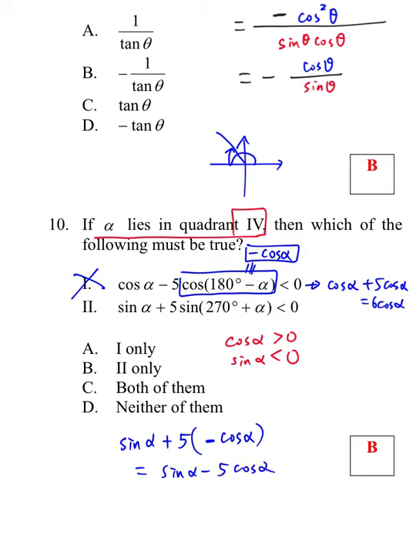So you know that sine alpha must be negative, while cosine alpha component in quadrant 4 must be positive. It means that you are subtracting a positive number from a negative number, so it must remain negative. So the second statement is correct, and the answer is therefore B.